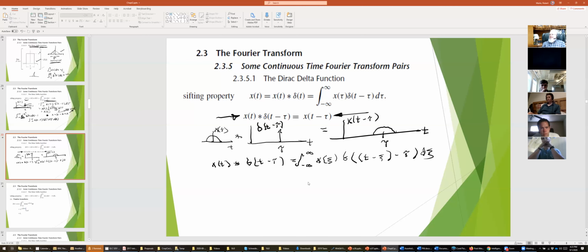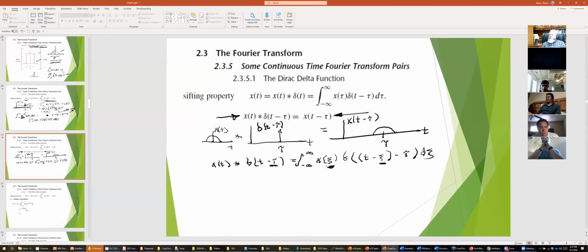Now you notice with the convolution integral, I've had to use a dummy variable c. Why did I have to use a dummy variable c? I couldn't use tau because we're using tau already and it has a different definition and we don't want to reuse tau again. We have to introduce a new variable.